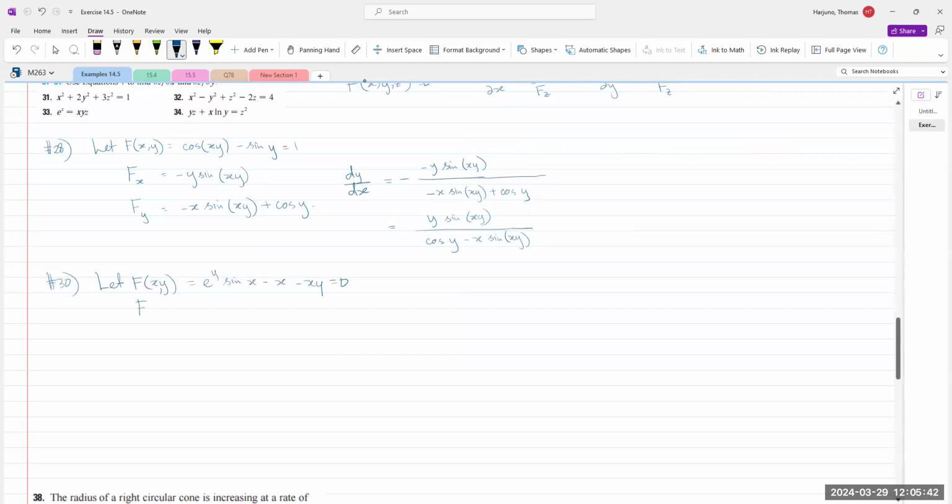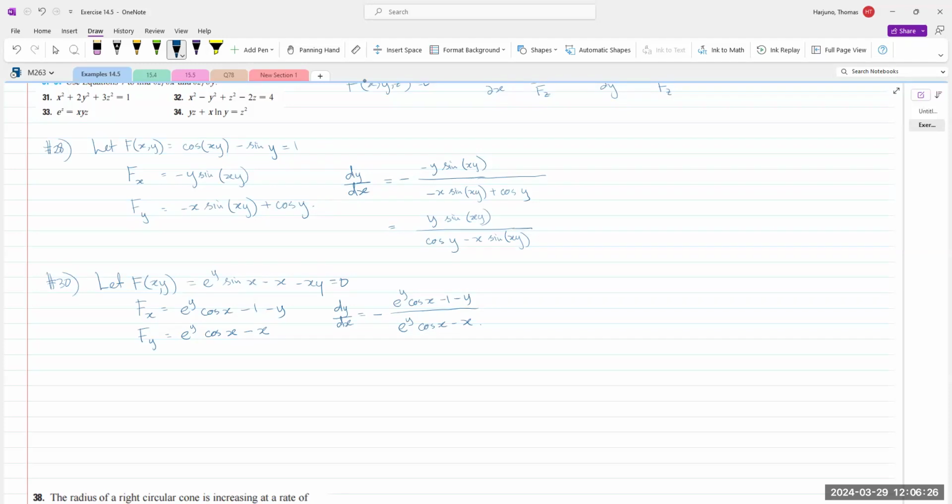So f sub x will be e to the y cosine x minus y, I'm sorry, minus y here. Now for f sub y, here I will have e to the y cosine x minus x. So dy/dx will be negative of f sub x over e to the y cosine x minus x. I think that's simple enough, huh?